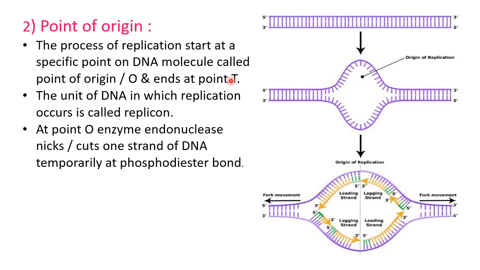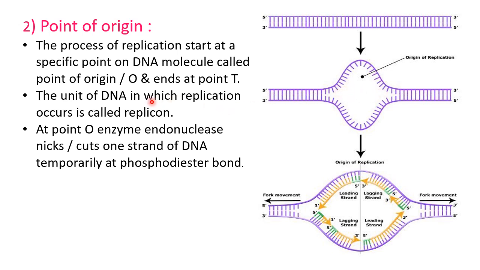Now here we see a DNA molecule, and in the next diagram we see that these two strands get separated from each other by cutting the weak hydrogen bonds between the two strands.